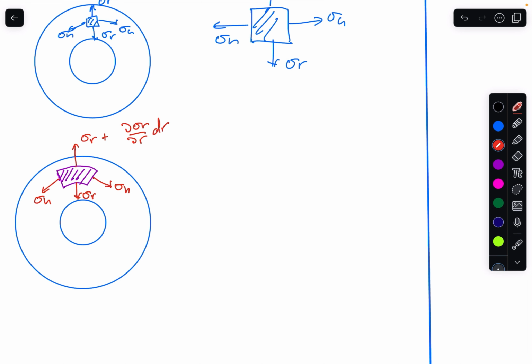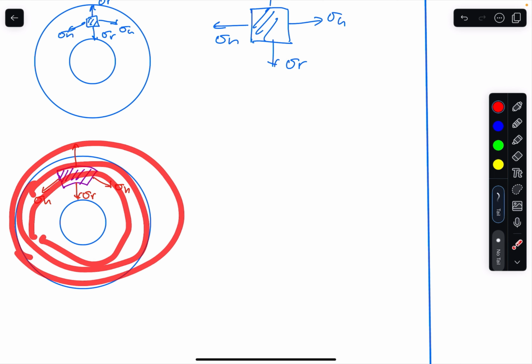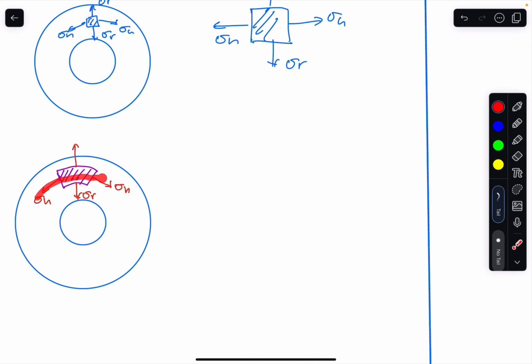Let's go over that again. Sigma r changes as you move out to different radii. We're looking at one radius here, so the sigma h on one side is equal to the sigma h on the next side. However, we have one radius here, and then a larger radius here.